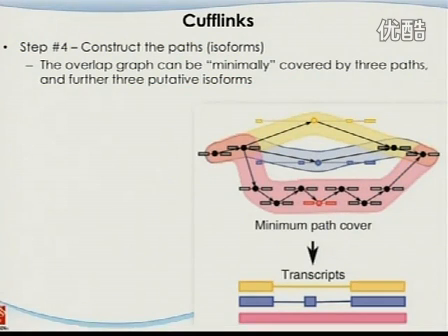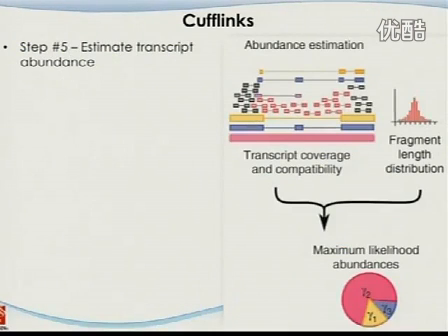Okay. So the overlapping graph can be minimally covered by three paths, which are these three colors. The next step is, for these three different isoforms, you want to estimate the transcript abundance of each one. You can see those colors labeled there, together with which potential isoforms they can belong to.